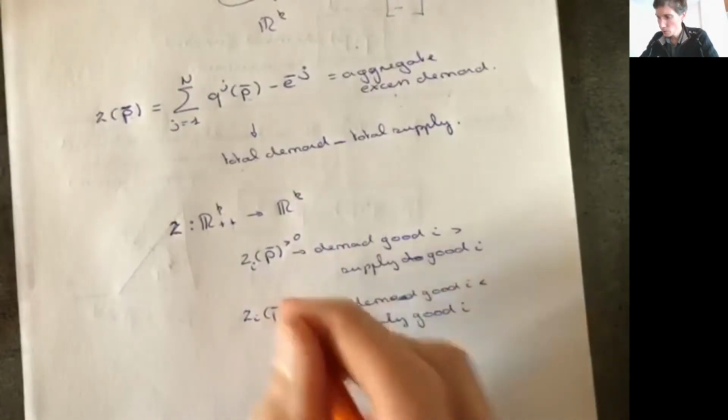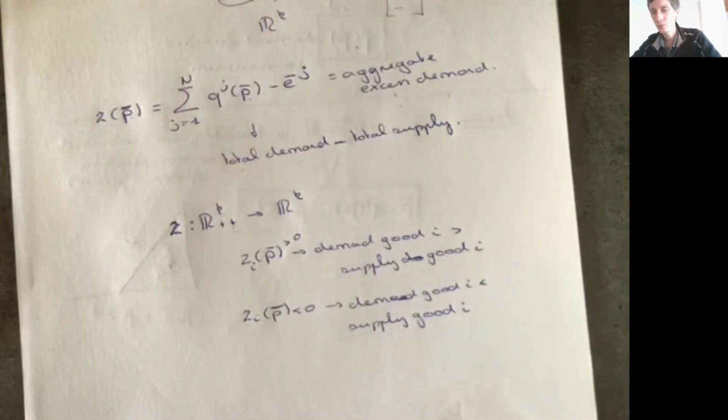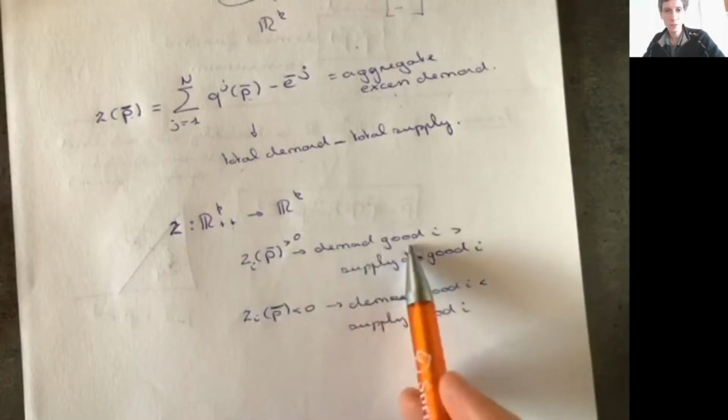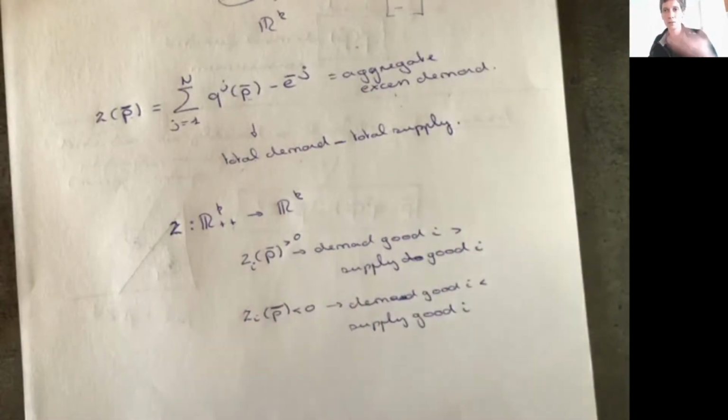Okay, so if you have a market and you have a pricing system, you can intuitively see that this will not be in equilibrium. If there's more demand than supply, then the prices should adjust. This is how the market works. If it's negative, then there's more supply than demand, so the prices should also adjust.